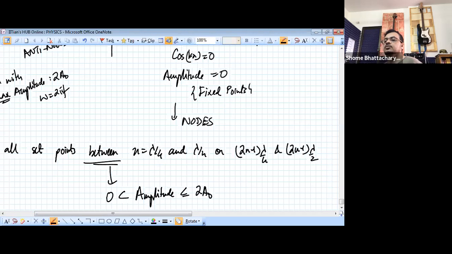It's greater than 0 but less than 2a. So that is showing you that there is position dependent amplitude.